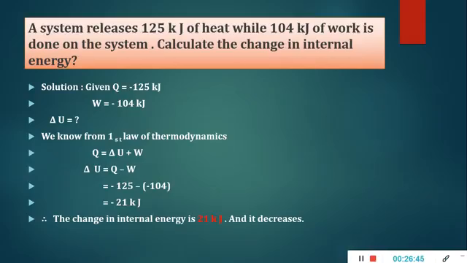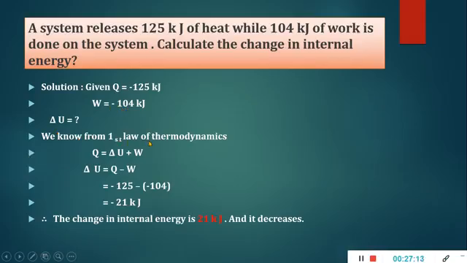When the system releases heat, it is minus 125 kilojoule, while 10 kilojoule of work is done on the system. If work is done by the system, then it is positive. Here work is done on the system, so the work done is also negative. It is minus 10. Heat is released, which is negative, and work is done on the system, that is also minus. So what will be the change in internal energy?